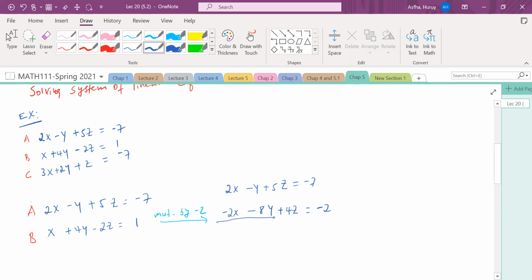Now we add these. This is just the addition method, or elimination method. If we add, the x terms will be 0, and we get -9y plus 9z equals -9, right? Yes. Okay, and now let's call this equation D.